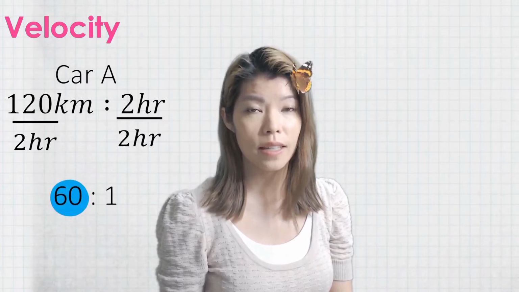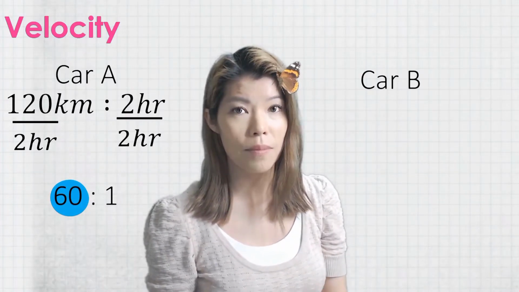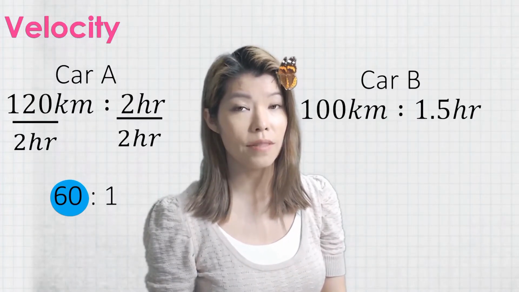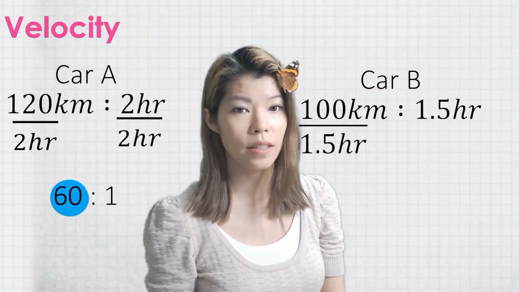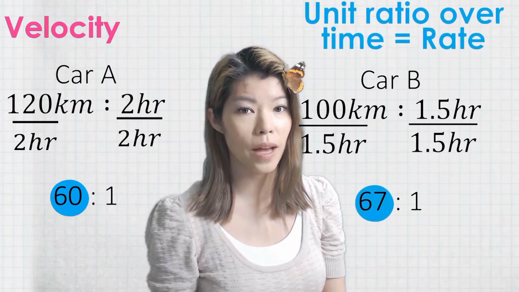So for car A, we have 120 kilometers to 2 hours. We divide by the second value, which is 2 hours, and therefore we get 60 kilometers per hour. And for car B, we have 100 kilometers to 1.5 hours, and dividing by the second value, which is 1.5, we obtain 67 kilometers per hour.